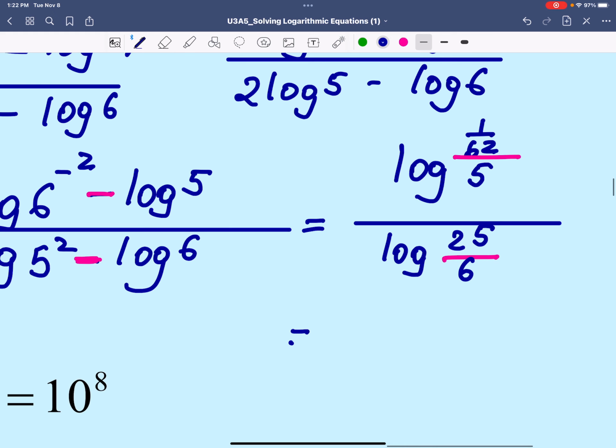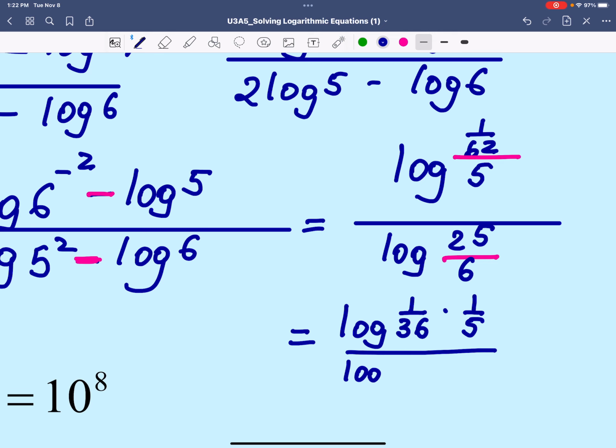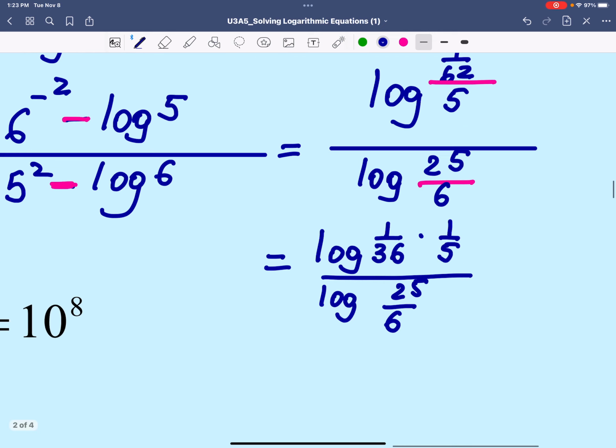So even simpler, this would turn into log of 1 over 6 squared, which is 36, times 1 over 5. We're just simplifying the expression inside the log, over log of 25 over 6. So that would equal log of 1 over 36 times 5, that would be 180.